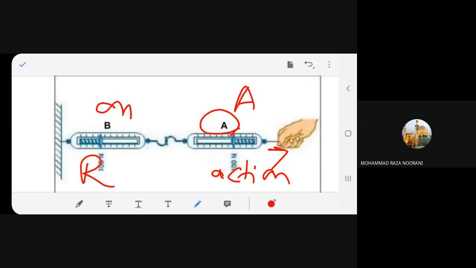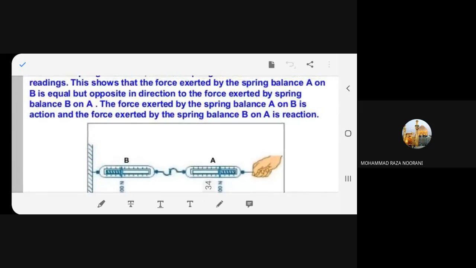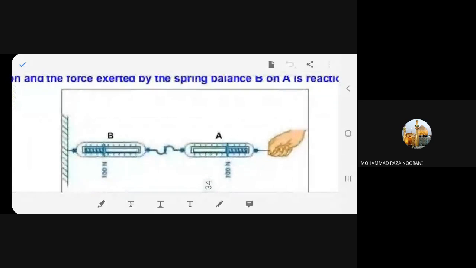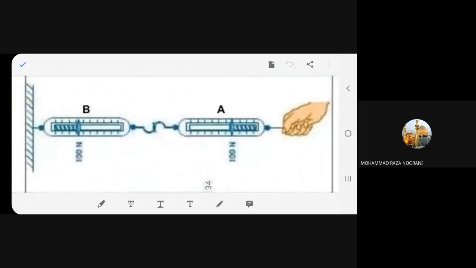So it is equal but opposite. Hope you have understood this.